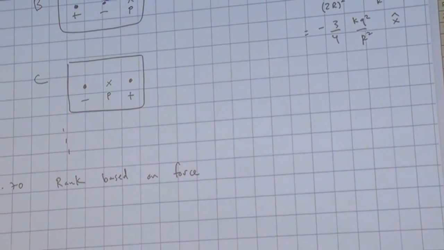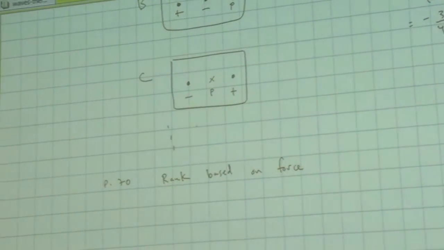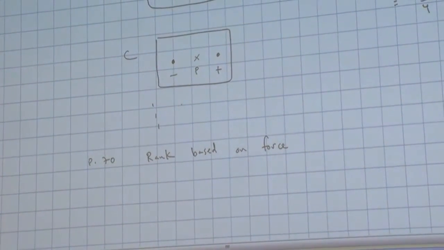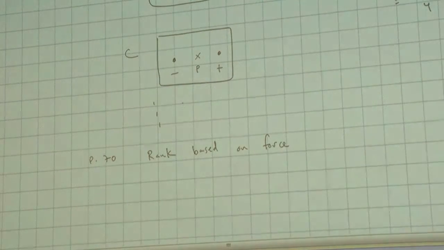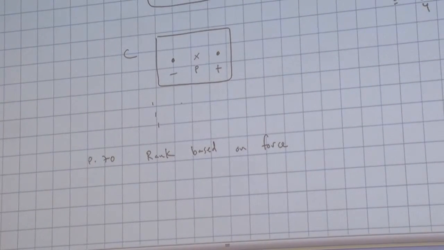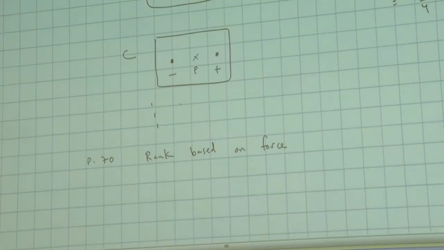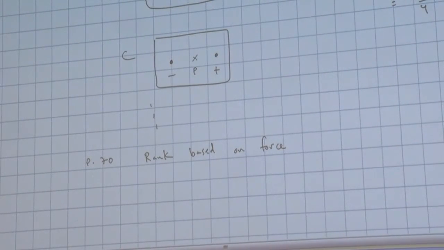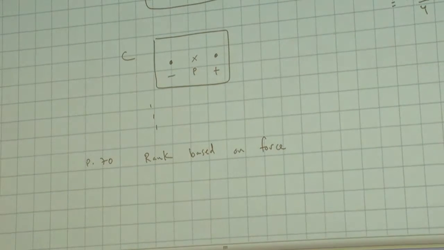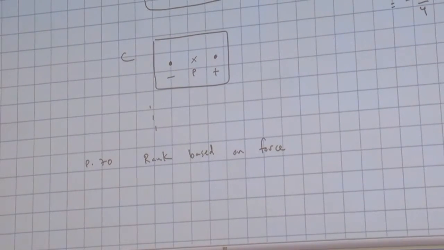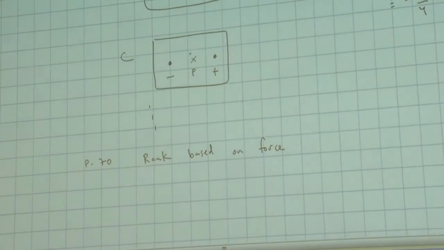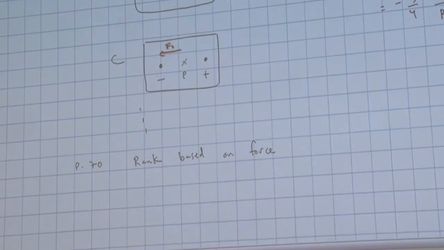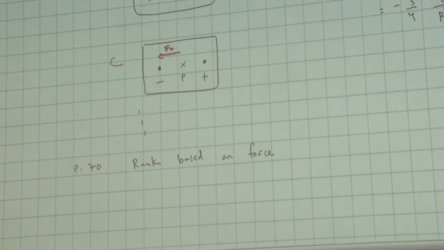Okay, how about point C? What do you expect the force to be there? What direction? Magnitude? To the left, because if there's a force acting on this one from the positive to the left, those repel each other.